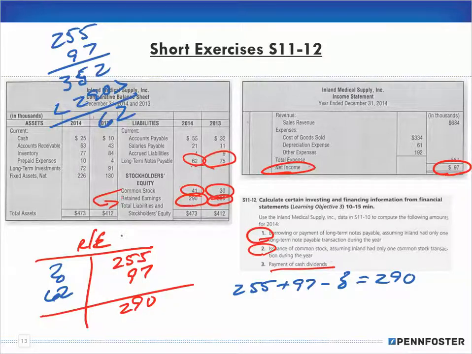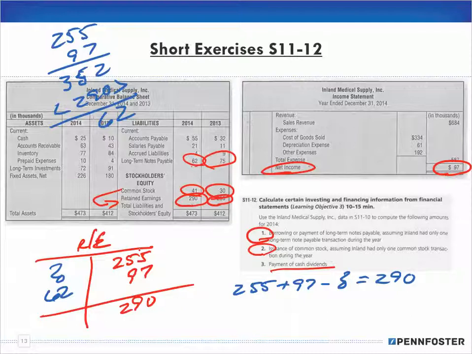Treasury stock affects the common stock. But now with the retained earnings, and we're thinking about the totality of the concept, what we have to think about is, what affects retained earnings? You start with a beginning balance, and income, your profit or loss from your income statement, affects your retained earnings, and also the payment of a cash dividend.